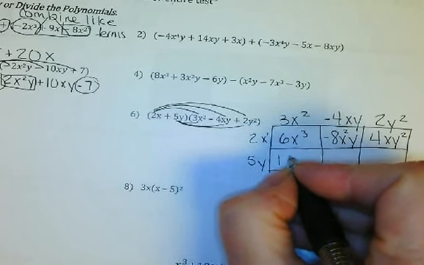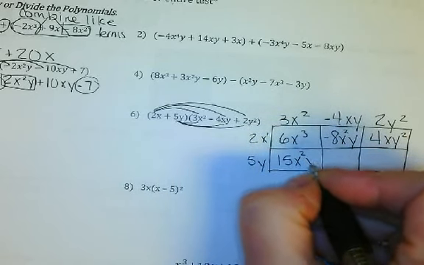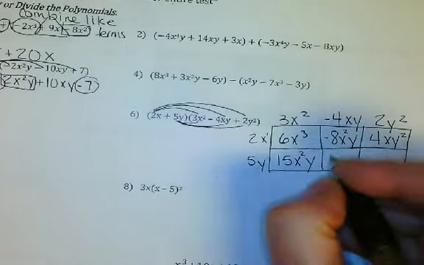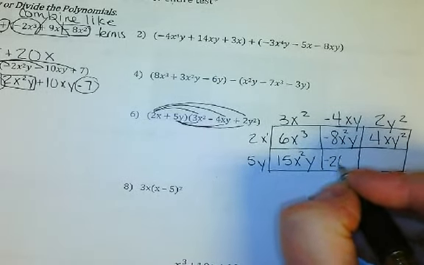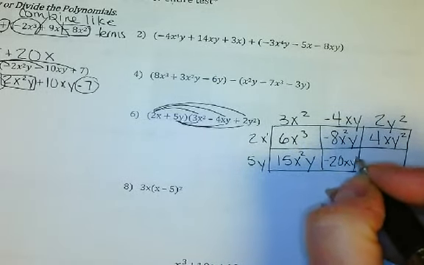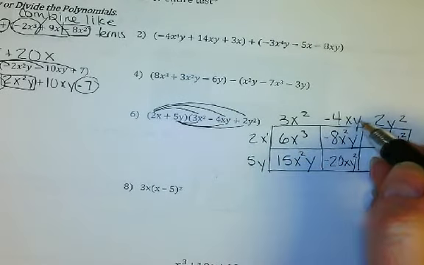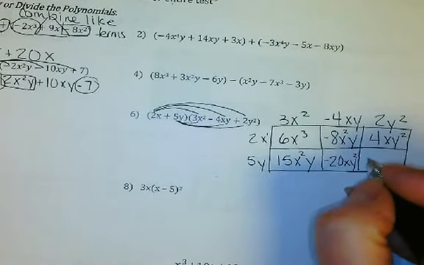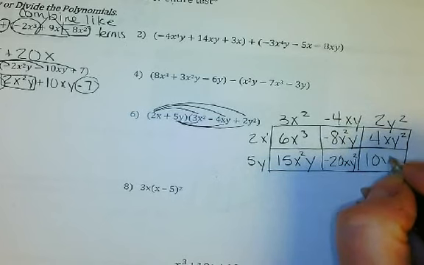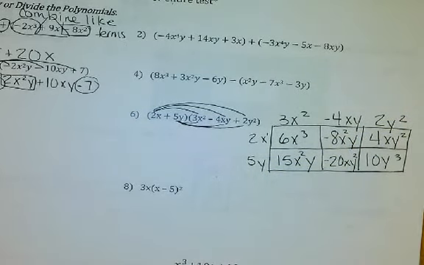Down here you would have 15x squared y. On this one here you're going to have negative 20xy squared because of the y there and the y there. And then on this one you're going to have 10y cubed.